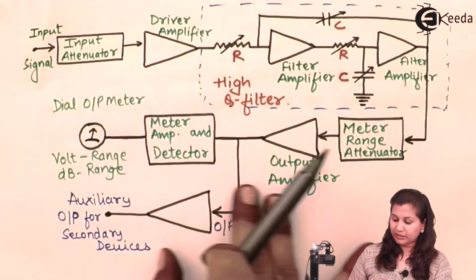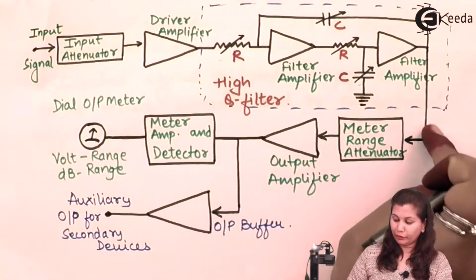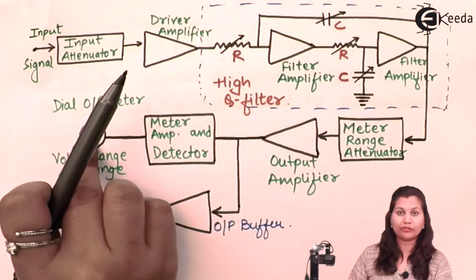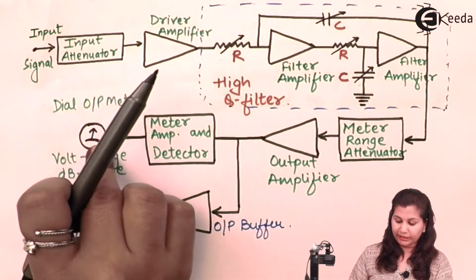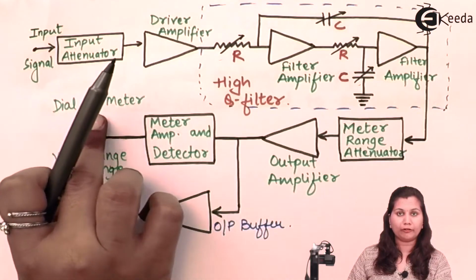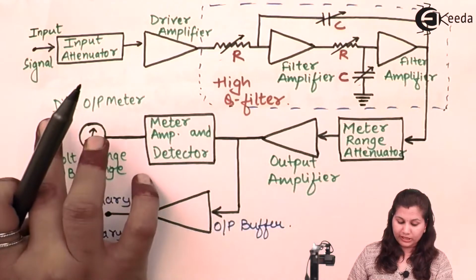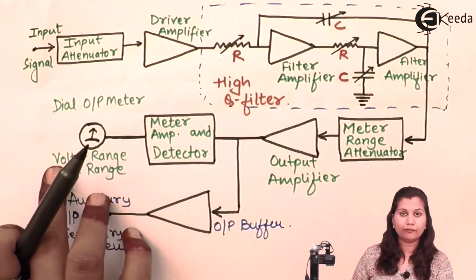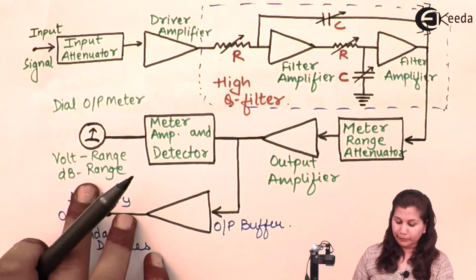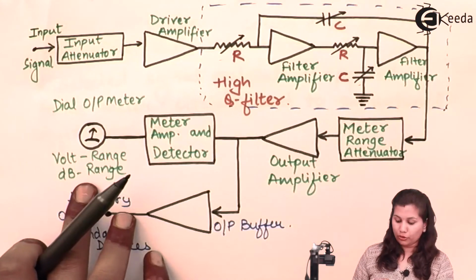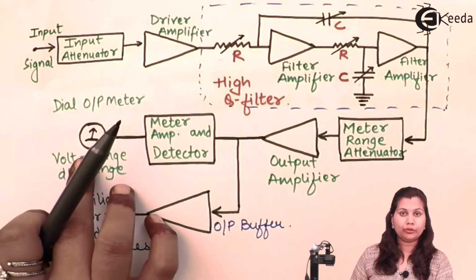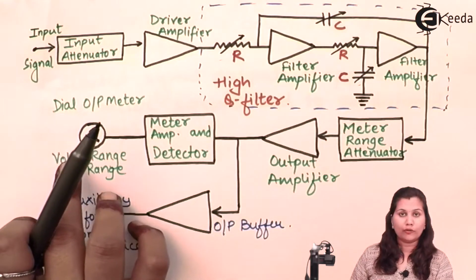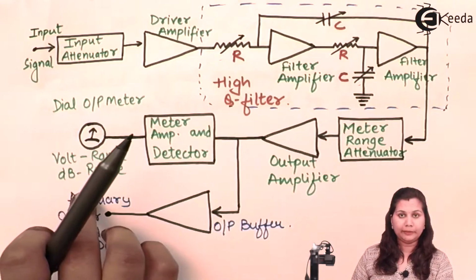So this is the complete meter circuit. The magnitude of that frequency will be indicated on this dial output meter, which has ranges in volts and also in dBs. So the magnitude will be displayed in both the voltage and the dB range.